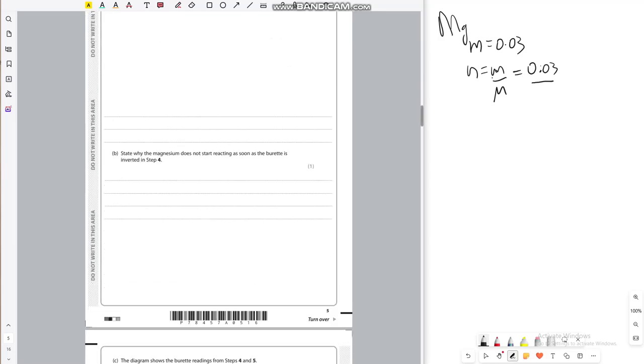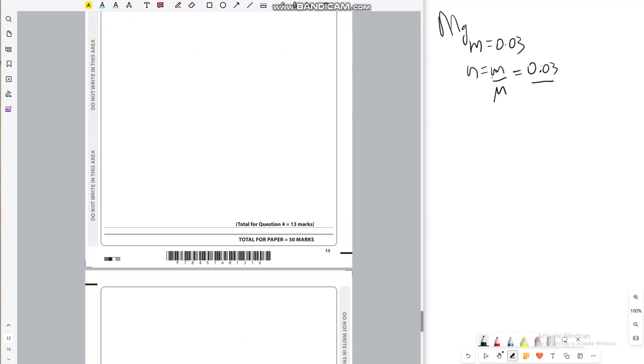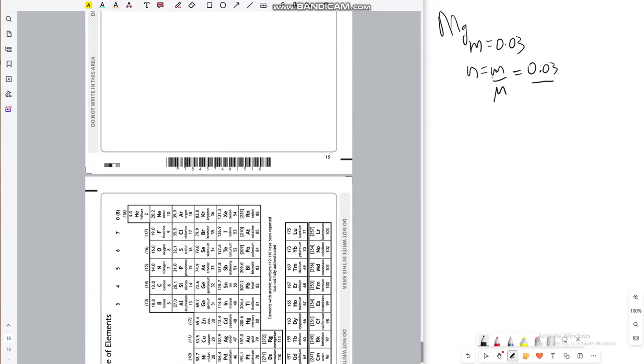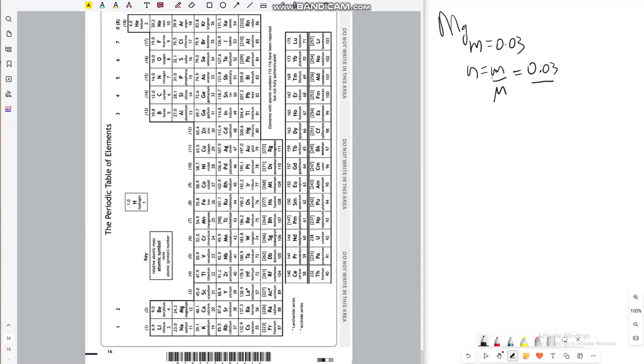They have given a periodic table. Check that out. Yes, magnesium 24.3. We'll take the value they have given exactly, right? I hope all of you saw that magnesium is 24.3.